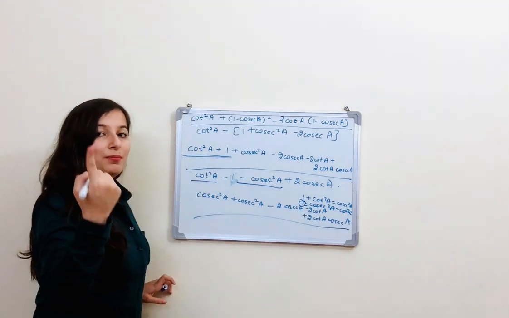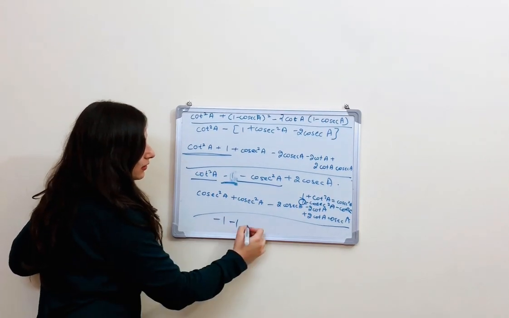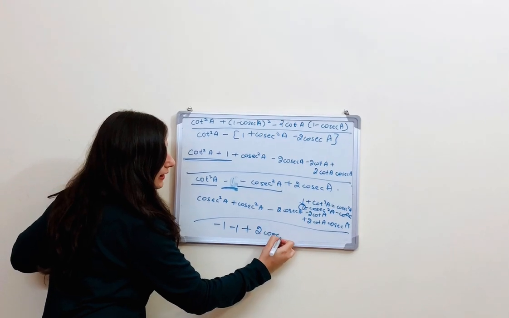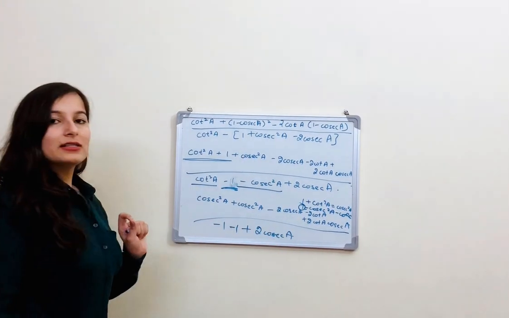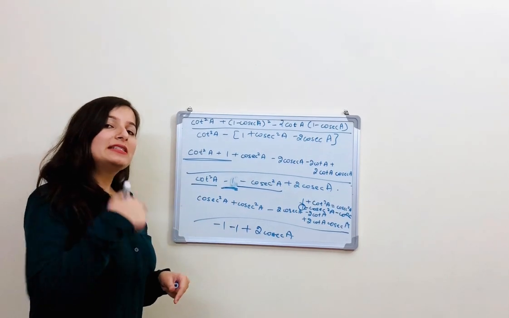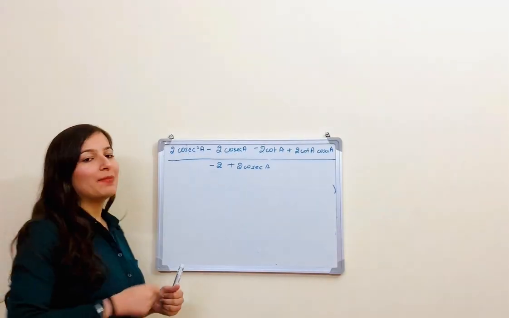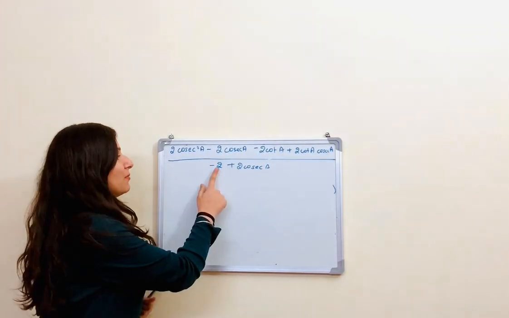So 1 will become minus 1, and minus 1 was already there, plus 2 cosec A. Correct? So now we have applied the identity in the numerator as well as the denominator. Let's check the next step now. Adding minus 1 and minus 1 in the denominator, it will become minus 2.